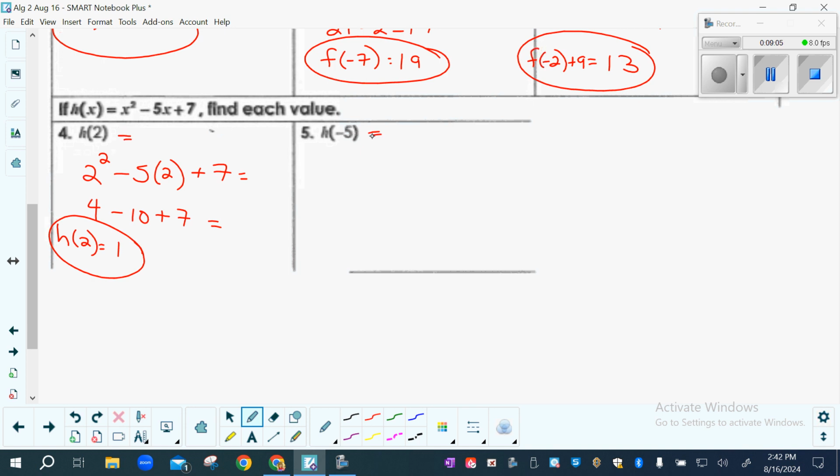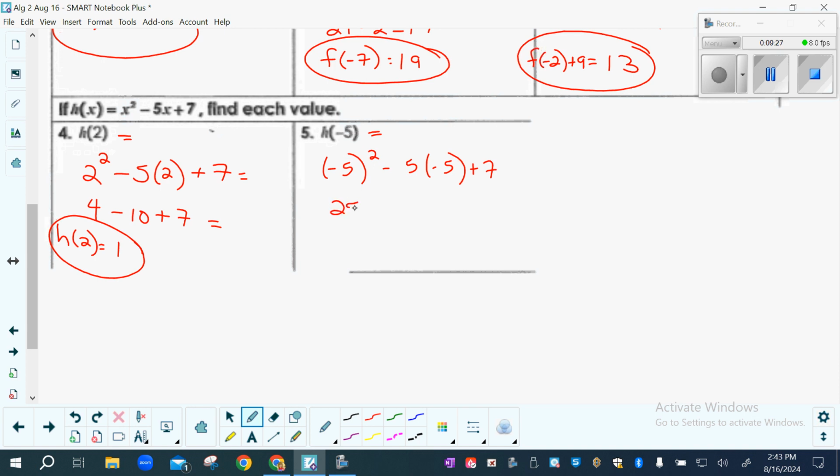And then h of negative 5, we have negative 5 squared minus 5 times negative 5 plus 7. So I put the parentheses around there because we need to square that. So what does this part give us here? 25.